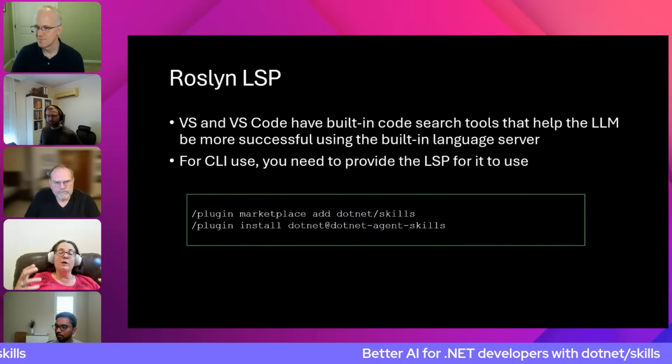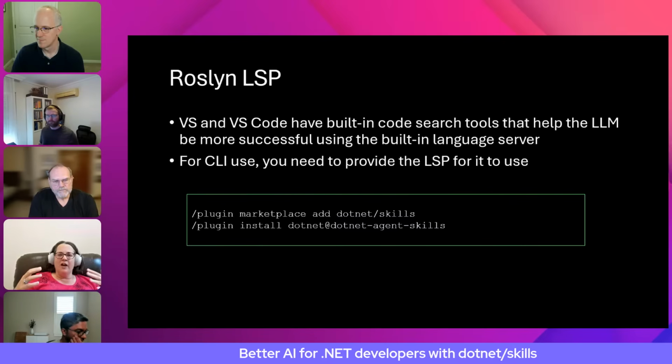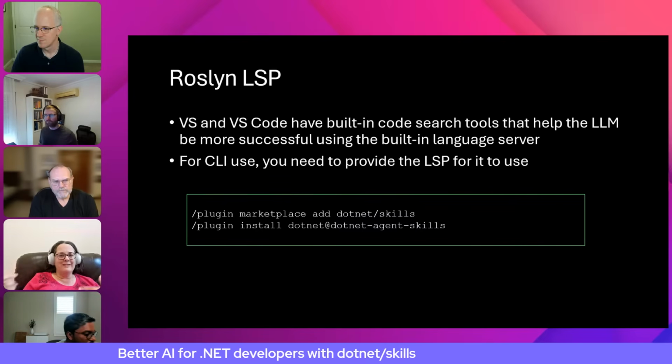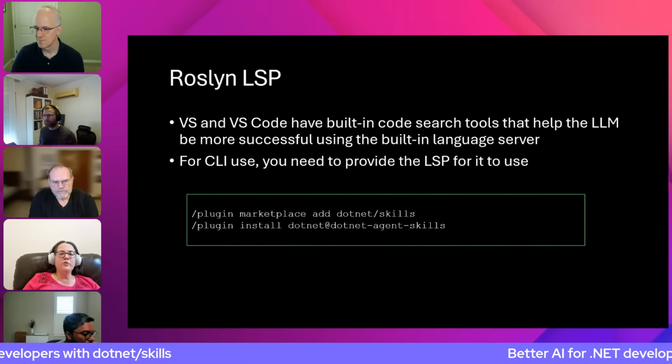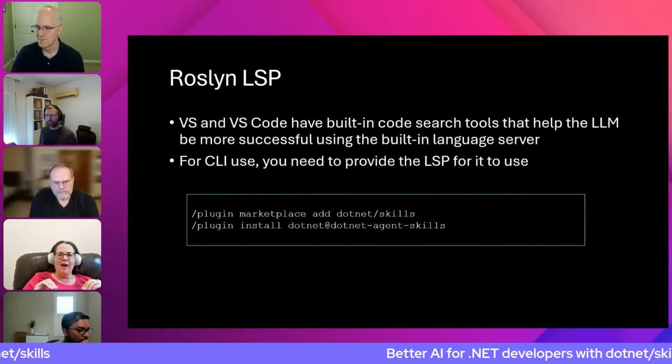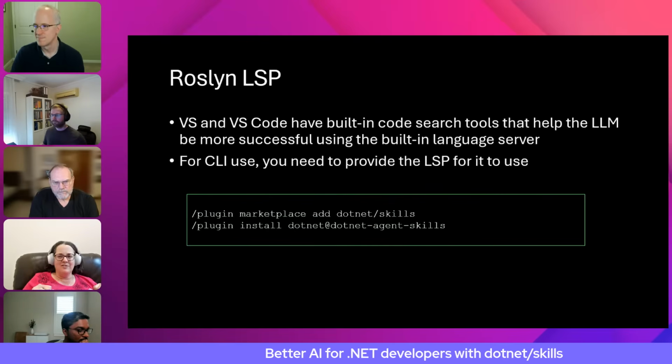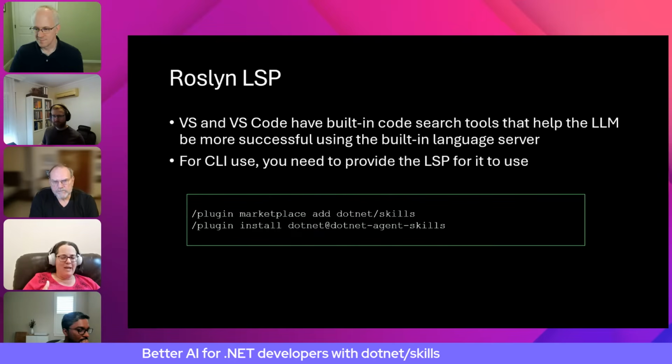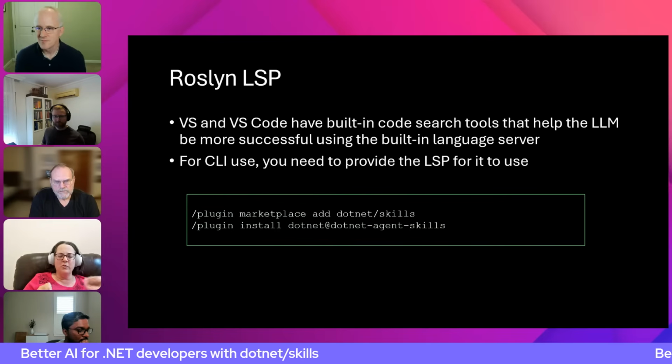It may be more complete and able to find the code that it's looking for and complete the tasks in a better way. In order to solve that problem, the CLI can use the Roslyn LSP to do those same things. And so it will then make an LSP call to do the code searches.